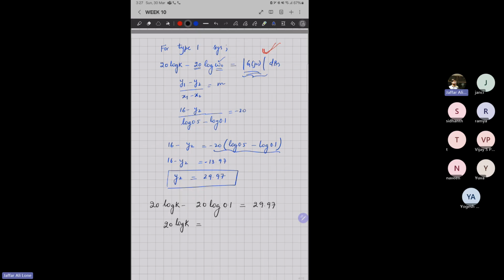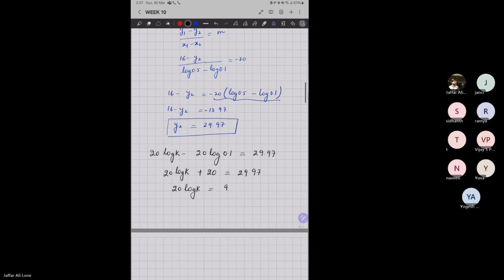Minus minus will be plus. So it will be plus 20 equal to 29.97. So 20 log of k will be equal to 9.97, or log of k would be equal to 9.97 over 20, which is equal to 0.4985. It implies k is equal to 3.15.